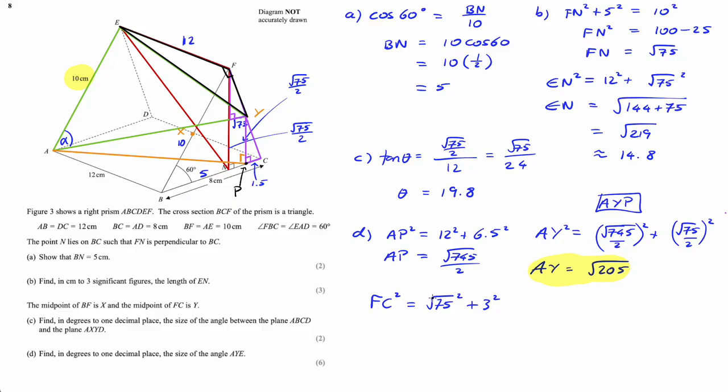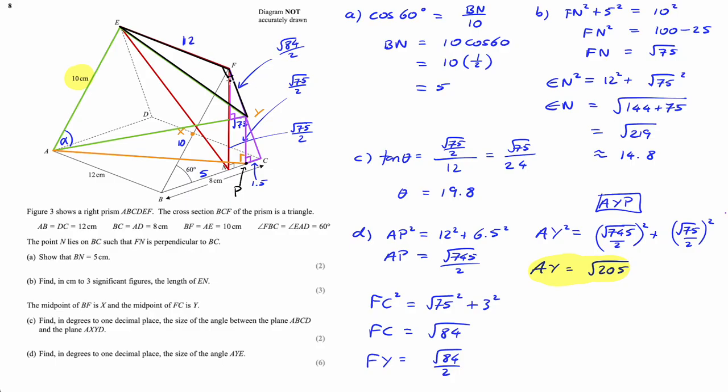So that means FC is the square root. Root 75 squared is 75 plus 9, 84. So FC is root 84, which means FY is root 84 over 2. Okay, so FY here is root 84 over 2.